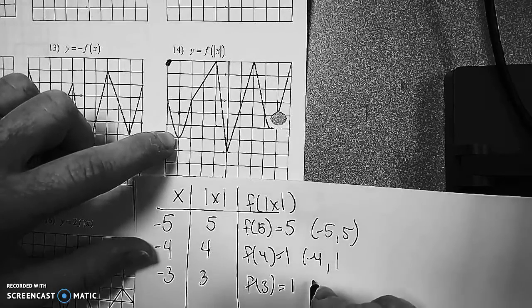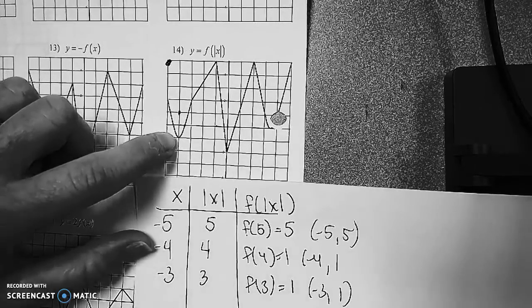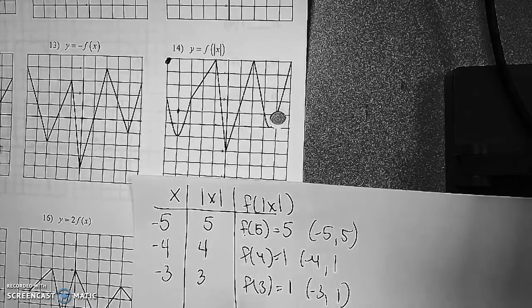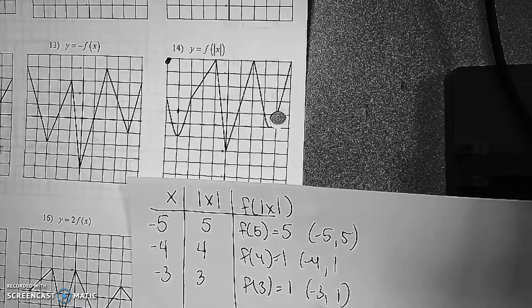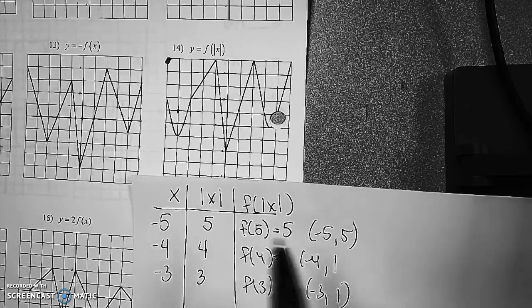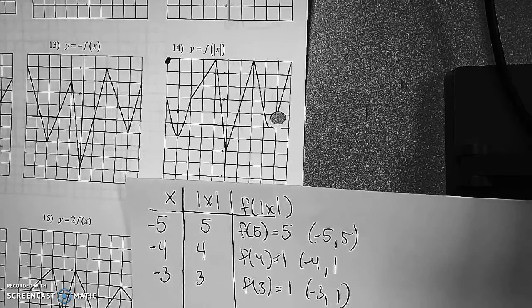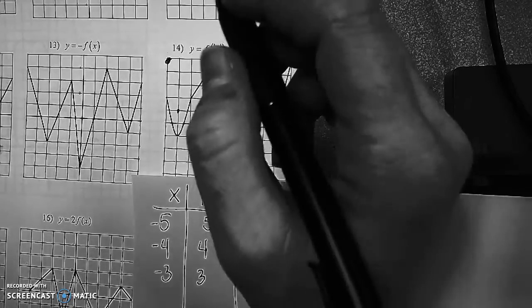And so what we should see happening here is that the negative x values end up with the same y values as their corresponding positive x's. So let me say that again. These negative x values end up with the same y values as the positive x's.